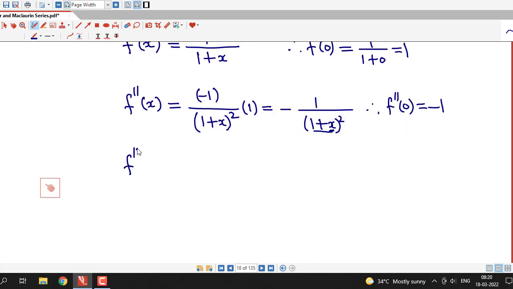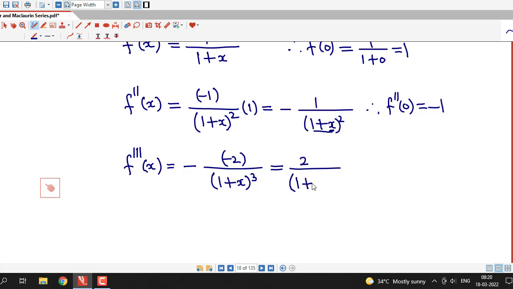Then we differentiate again to obtain the third derivative, derivative of this quantity. So we know that derivative of 1 by x square is minus 2 by x cube. Instead of x, here we have 1 plus x, and here this minus 1 into minus 2 is equal to 2.